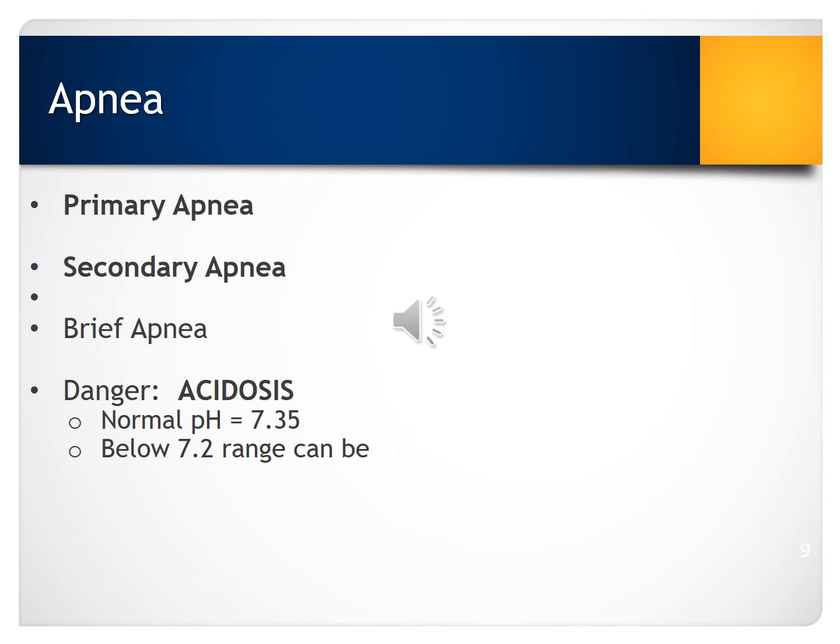They have irregular respiratory rates initially, but there's no change in their color, so they don't become blue or anything like that, because this is only a brief period as they start to establish a respiratory pattern. So know what primary versus secondary versus brief apnea is, and how to distinguish between those three.